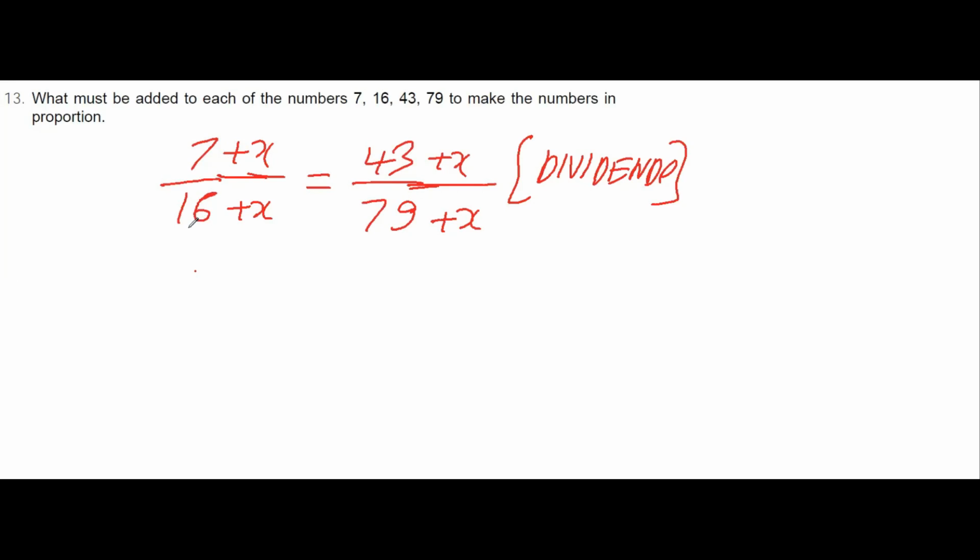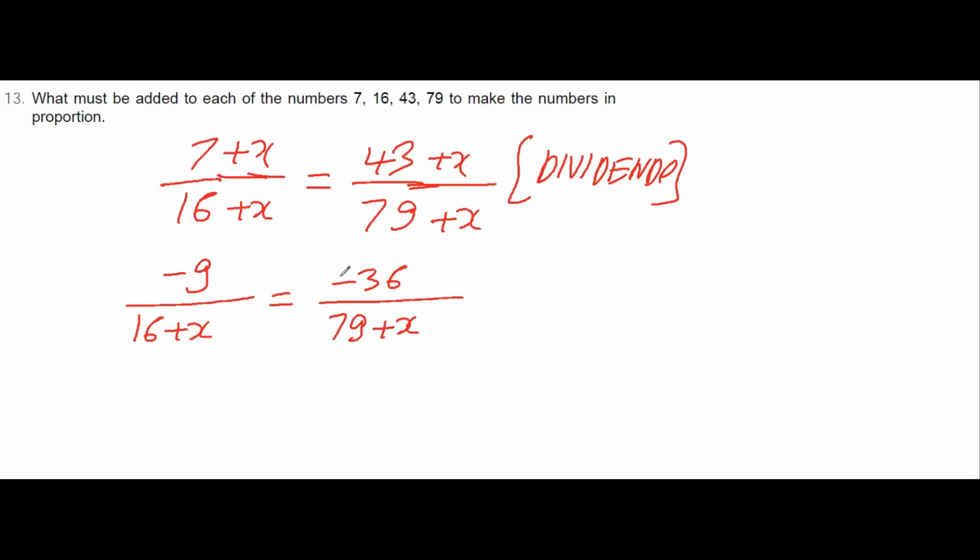Dividendo says what? 7 minus 16 will give you minus 9. X minus x is 0, so I will not write. In denominator it will be 16 plus x. Similarly here 43 minus 79, I will get minus 36. X minus x is cancelled, so I will not write. So this is 79 plus x.